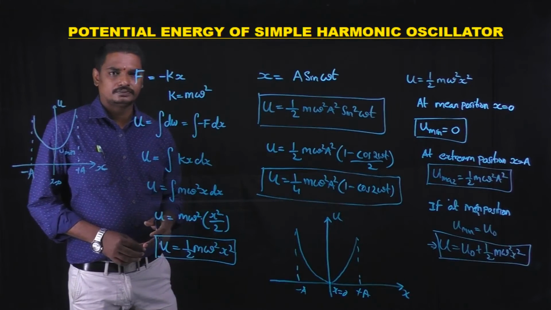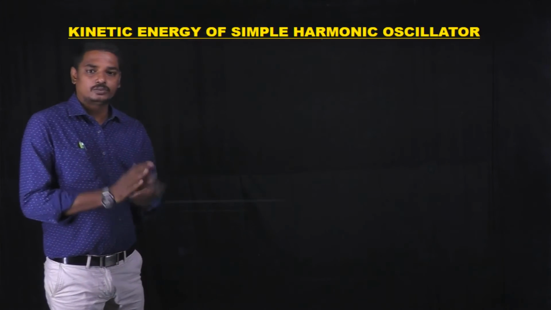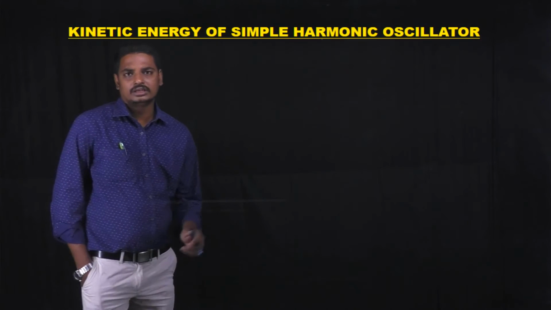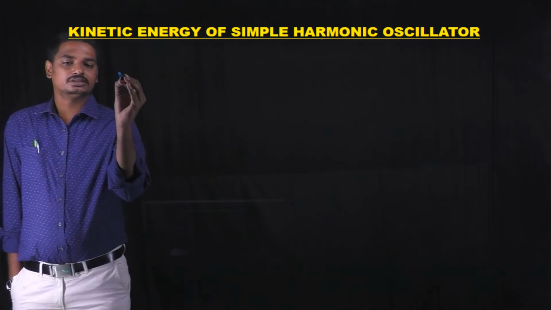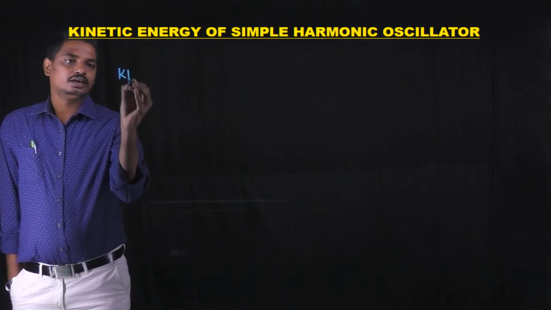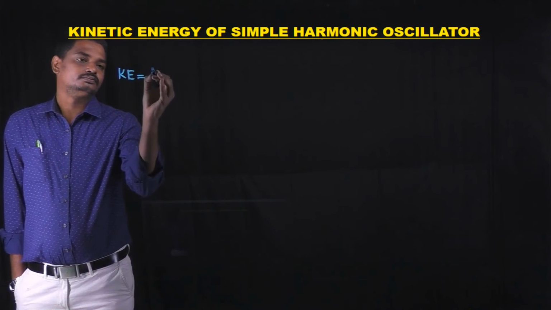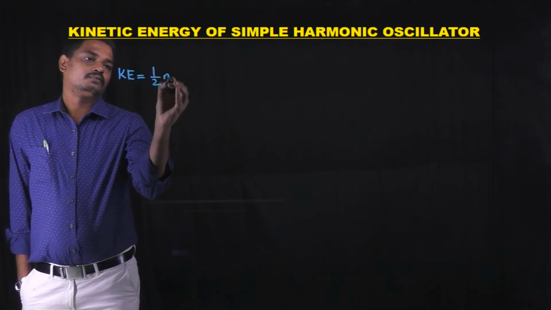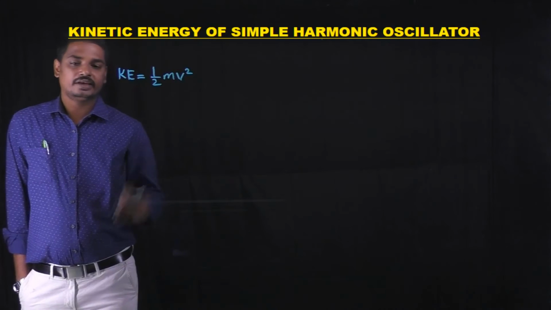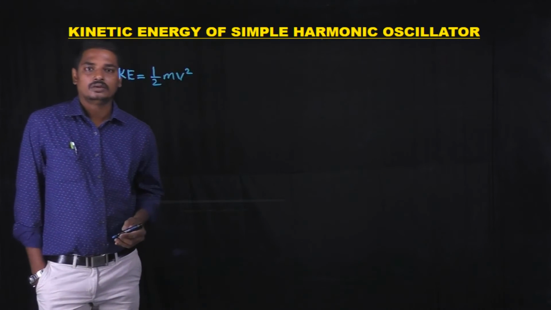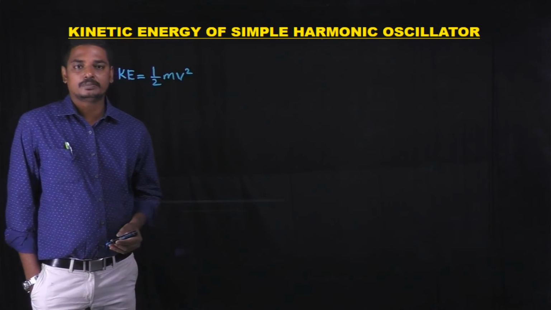Next, let us move on to the kinetic energy of the simple harmonic oscillator. We know that the expression for the kinetic energy is KE equal to half m v square, where v is the velocity of the particle performing simple harmonic motion.